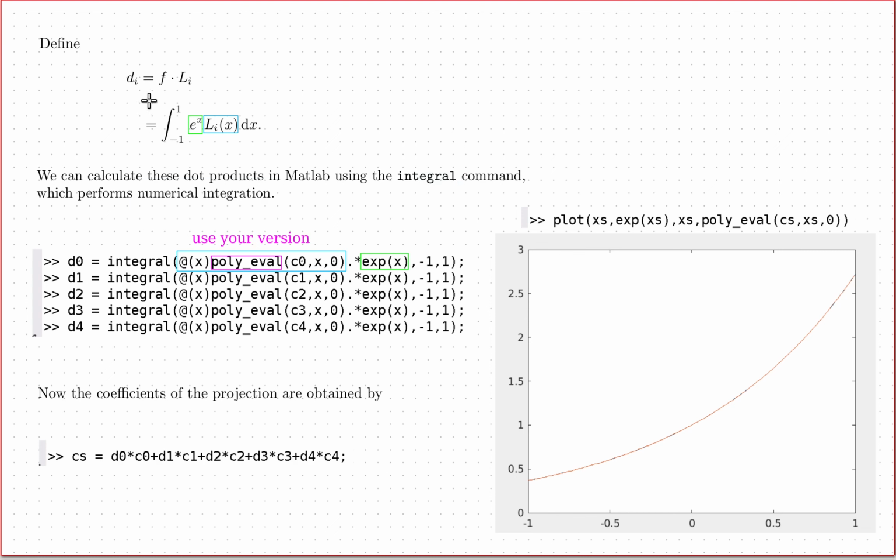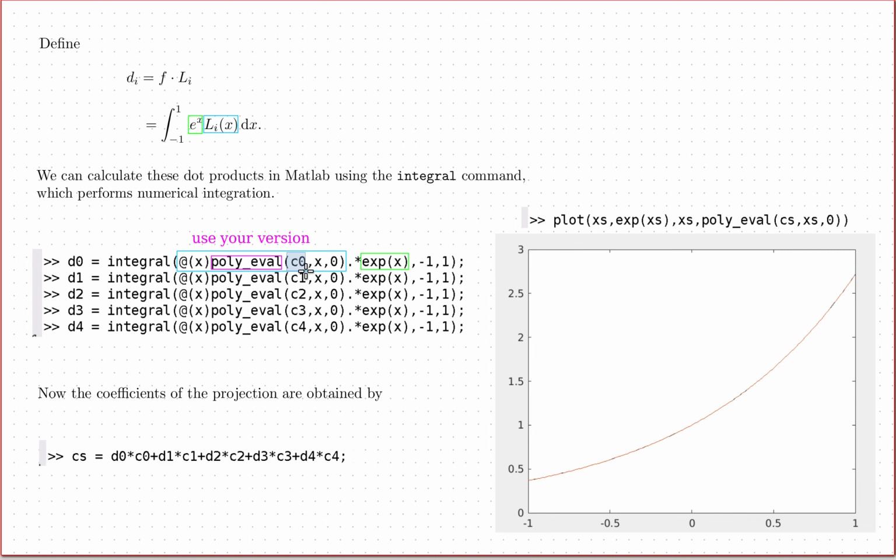So what we can do is compute these dot products using the integral command. So, for example, d0 is going to be the integral of, and now the first input into the integral command is the integrand itself. Now, for some reason, I wrote them in a different order, but here what I've done is the blue box here contains L0 of x. I'm using the polyeval command to evaluate the polynomial that has the coefficient C0.